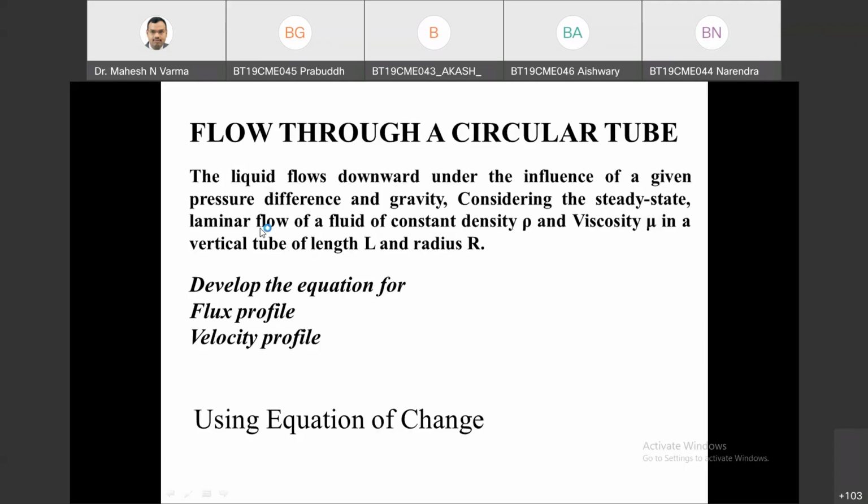So no velocity in theta direction, no velocity in R direction. Z equation of change of Navier-Stokes equation will be used to get this velocity profile, and then using this velocity profile you can get flux profile, and you can get all design important properties in momentum transfer.